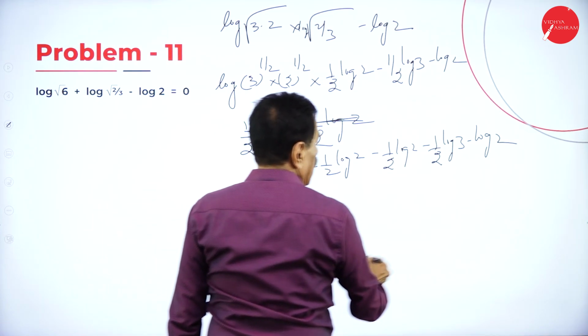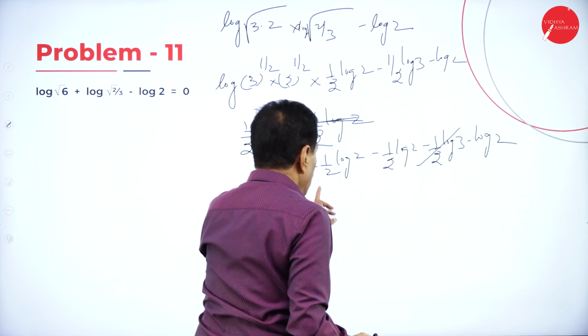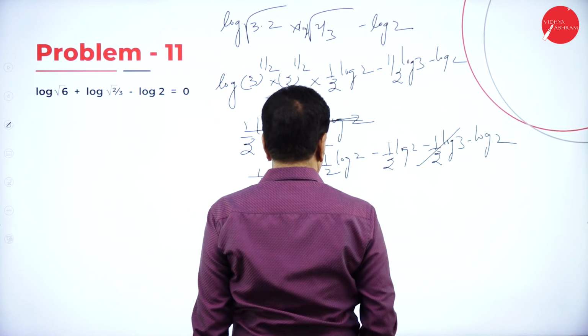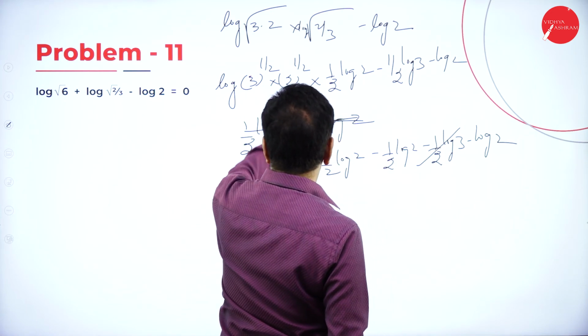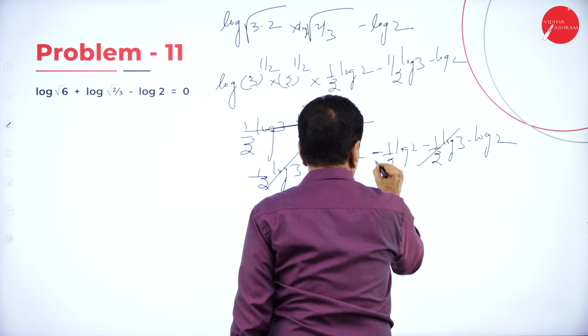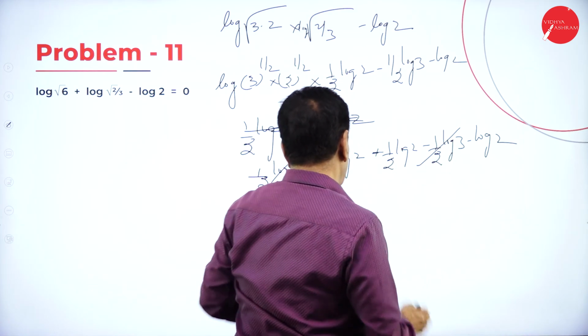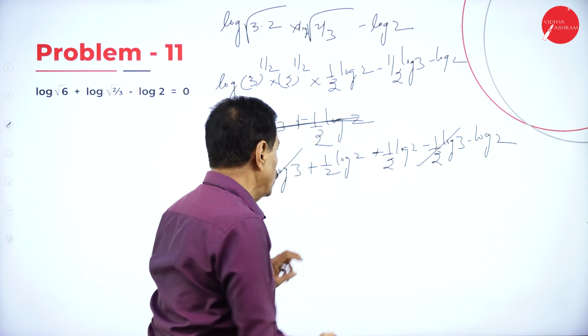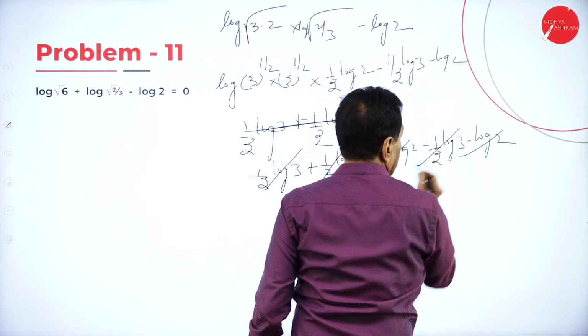Half log 3 and half log 3 cancel. Half log 2 plus half log 2 is 1 log 2, minus 1 log 2 is equal to 0.